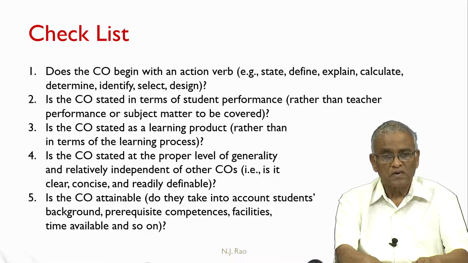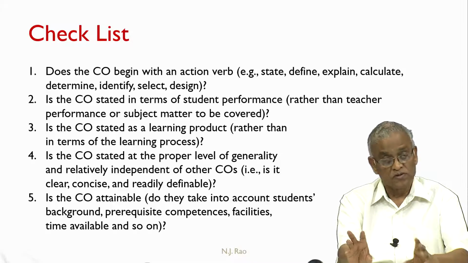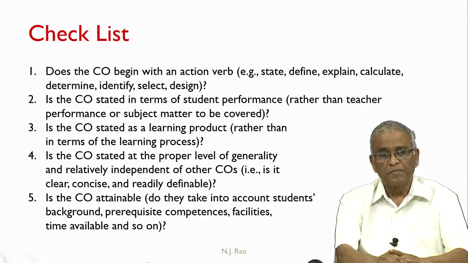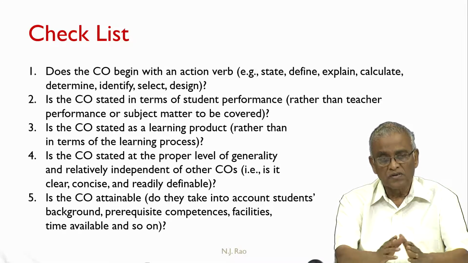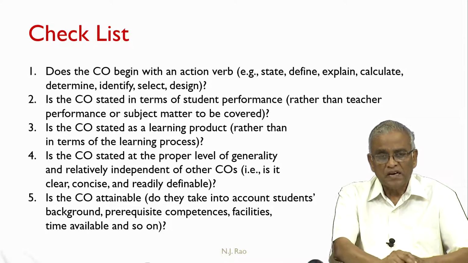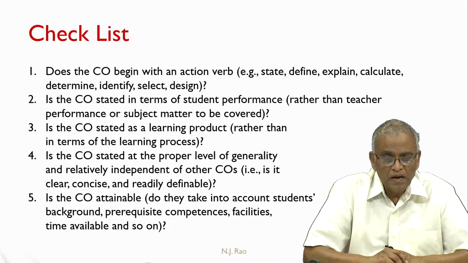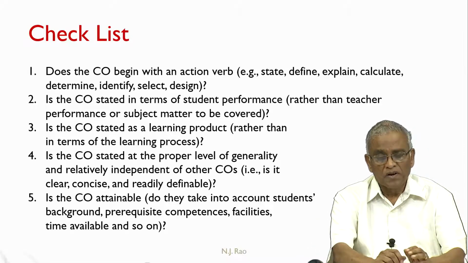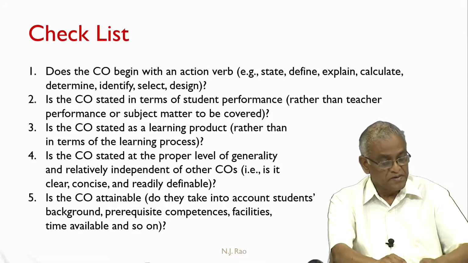So what can happen is, if you just look at some website and find an interesting CO, which is very good, but if you just incorporate it into your course, it may not be attainable because of all these conditions. So there is no point in writing such a CO just because it looks good. This is a checklist that one needs to follow to make sure that you are able to write good course outcome statements.